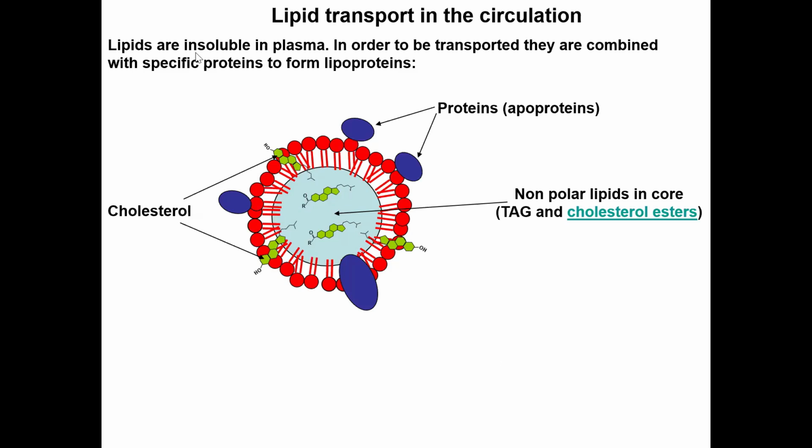Since lipids are insoluble in plasma, it is not possible for them to be transported to the various tissues and organs of the body. So for them to be transported, they need to combine with proteins to form what we call lipoproteins.